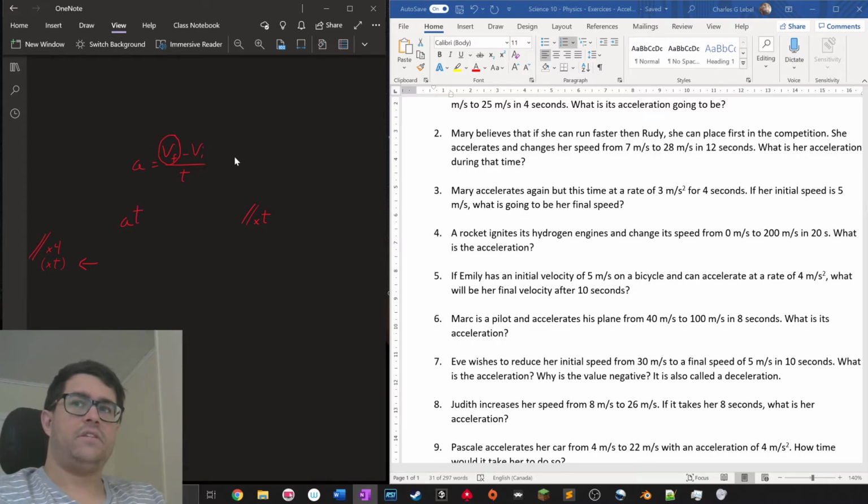A times T equals VF minus VI over T times T. So again, you can say this is times T, but that would be good enough to cancel them. You can also say that all of this is times T and then divided by T, which is also good. So the T's cancel out.